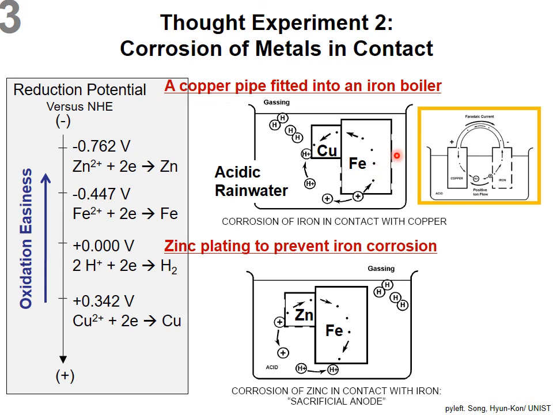What happens there? The answer is the serious corrosion of the iron boiler. This situation is very similar to the previous example of proton ion cells. In this previous example, Fe is dissolved into water as a form of Fe2+.